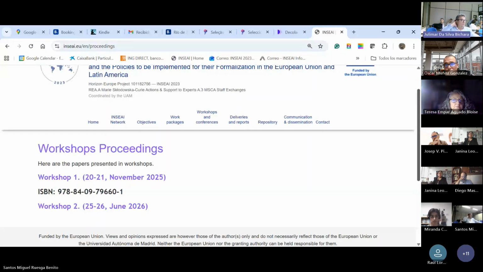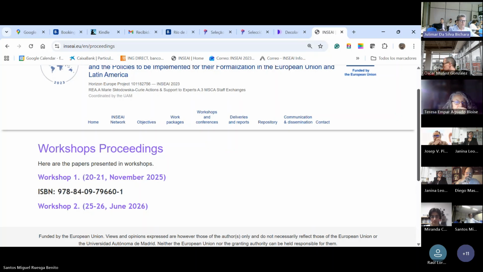Maybe the end of the month, November 30th, right? Yes. On that day, we edit all the papers and put them here. This is the last time to incorporate a paper into the workshop proceedings.